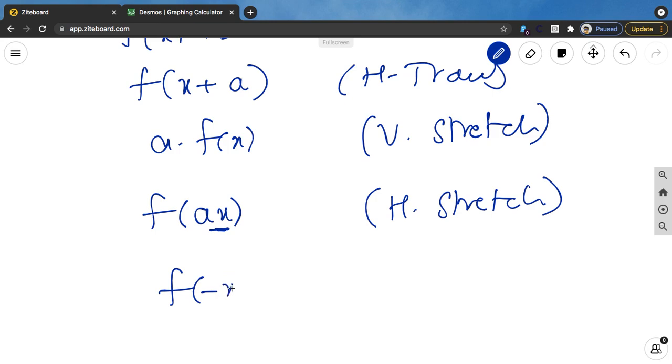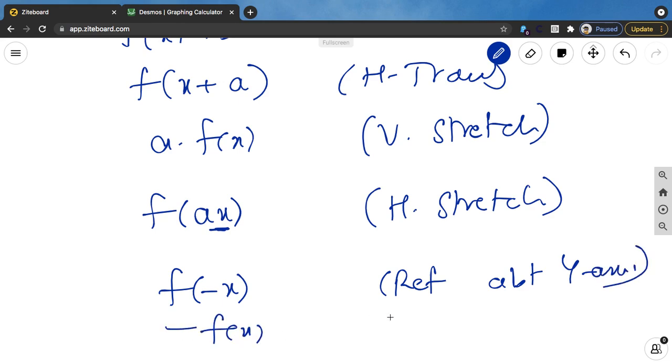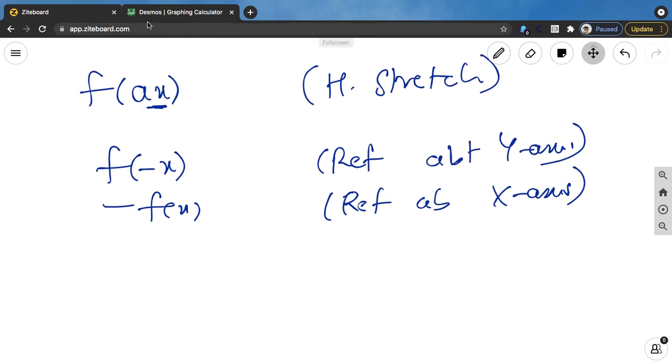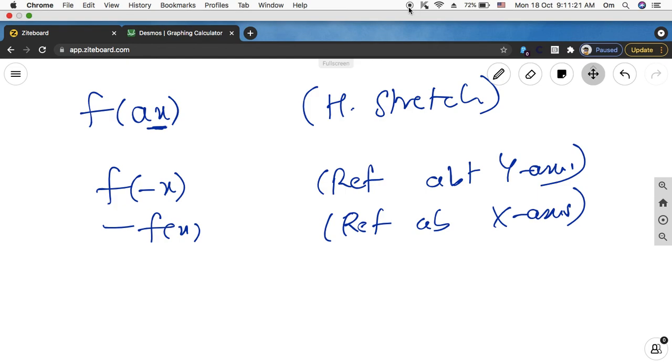Finally, f of minus x is reflection about the y-axis. Minus f of x is reflection about the x-axis. So for every function, this remains the same. Of course, you have to show it differently based on whether you are showing changes in the asymptote, the x-intercept, or the y-intercept, and so on.